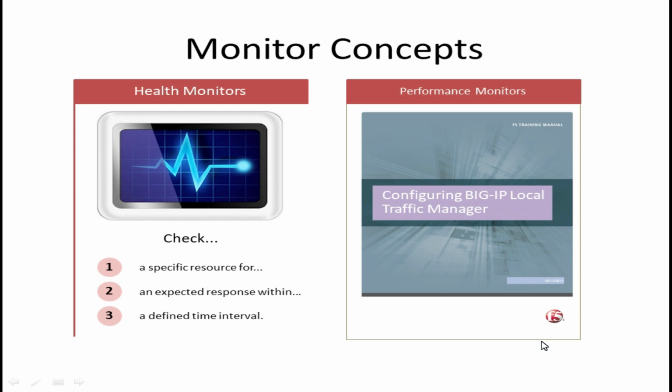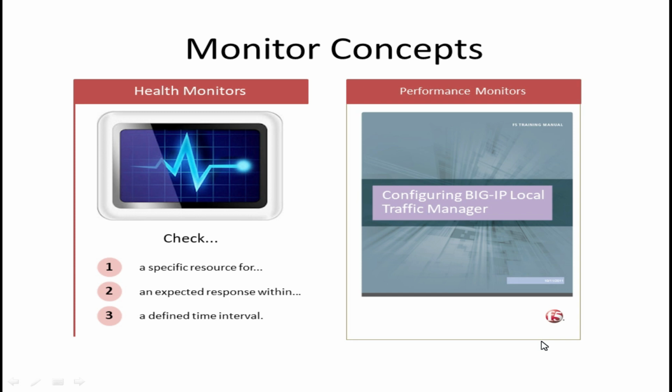In addition, BIG-IP no longer load balances traffic to that resource until it detects, again via the health monitor only, that the resource is available again. So in other words, the health monitor check is ongoing regardless of whether the monitored resource is currently up or down.